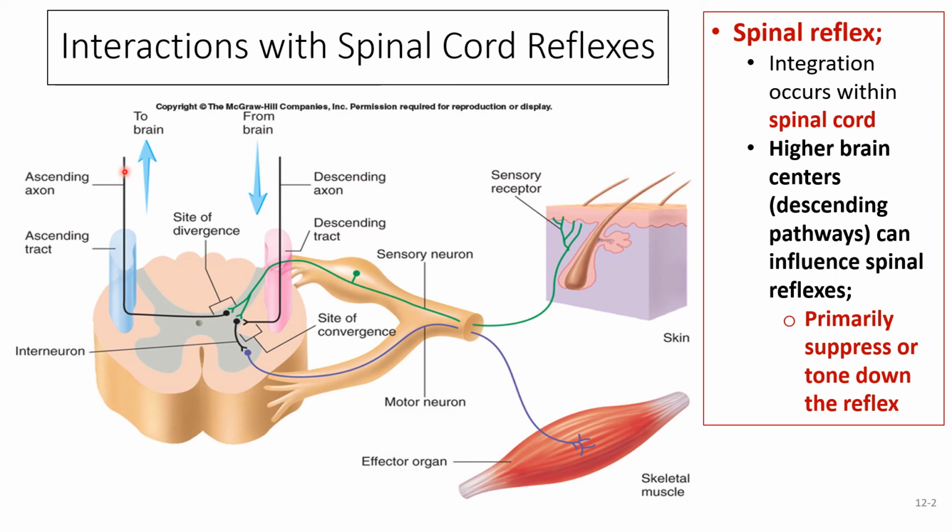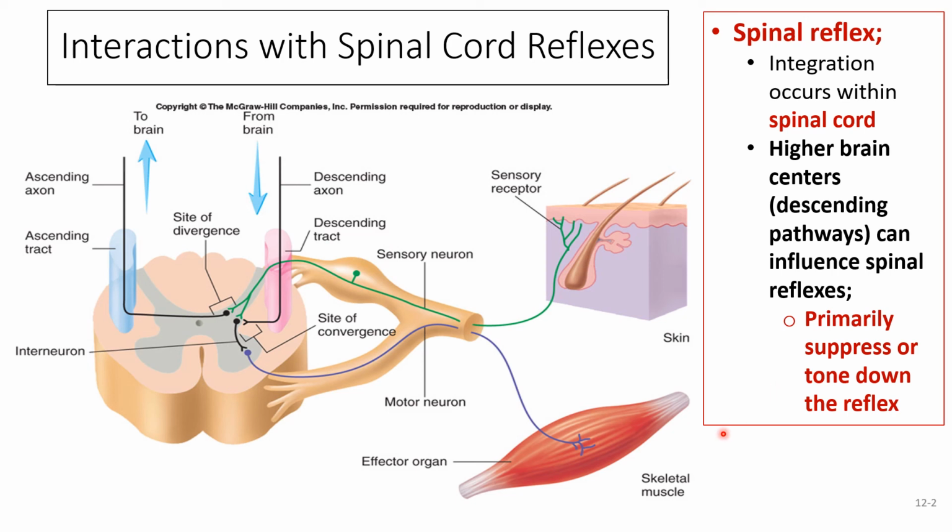The brain will then send descending motor pathways back down here that will influence this synapse. So in effect, it's going to influence the reaction from this motor efferent, the motor efferent signals that are coming back out to the skeletal muscles. And how it primarily influences those motor efferents is to suppress or tone down the reflex.